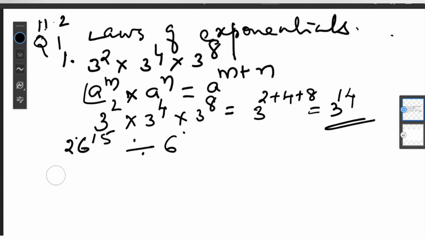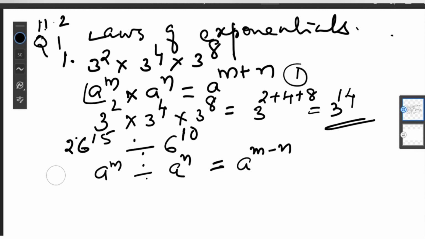6 to the power 15 divided by 6 to the power 10. So again, the second law of exponentials: a to the power m divided by a to the power n is equal to a to the power m minus n. This one is the first and this one is the second.